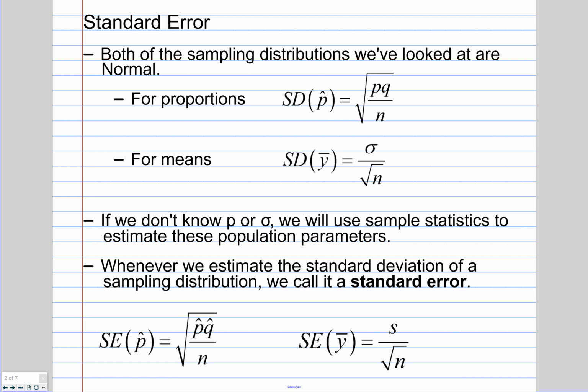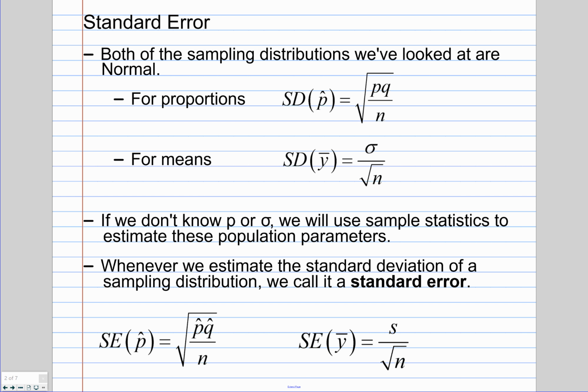So you'll notice here the standard deviation that we used was a little different than what we had used in the past. We have standard deviation, and do you guys see these symbols in the parentheses? Those are the statistics. P hat stands for the sample proportion, and Y bar is the sample mean.